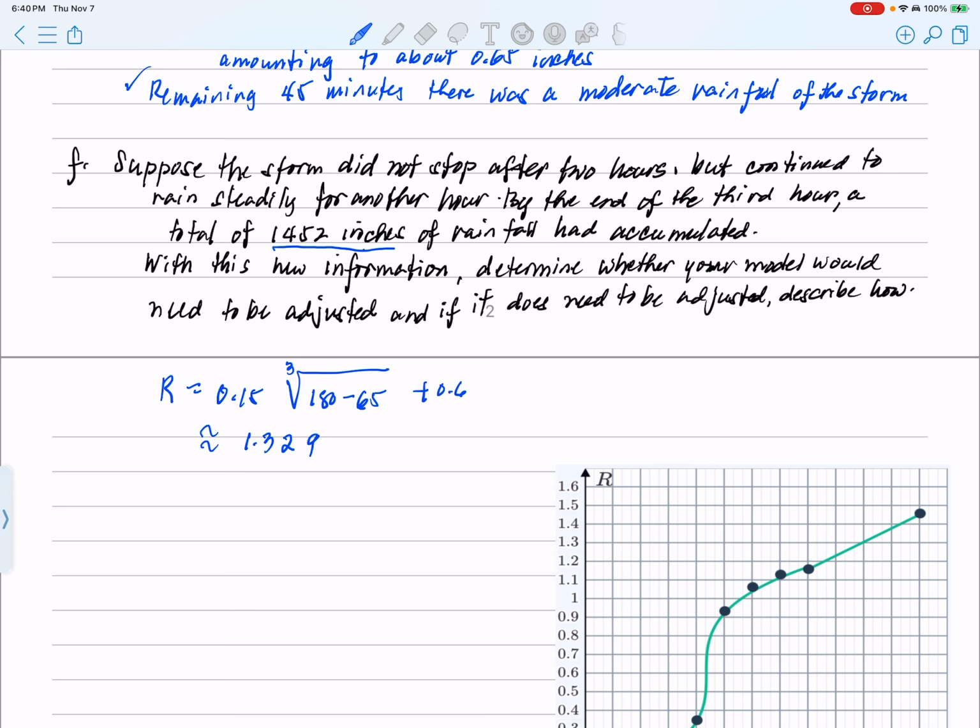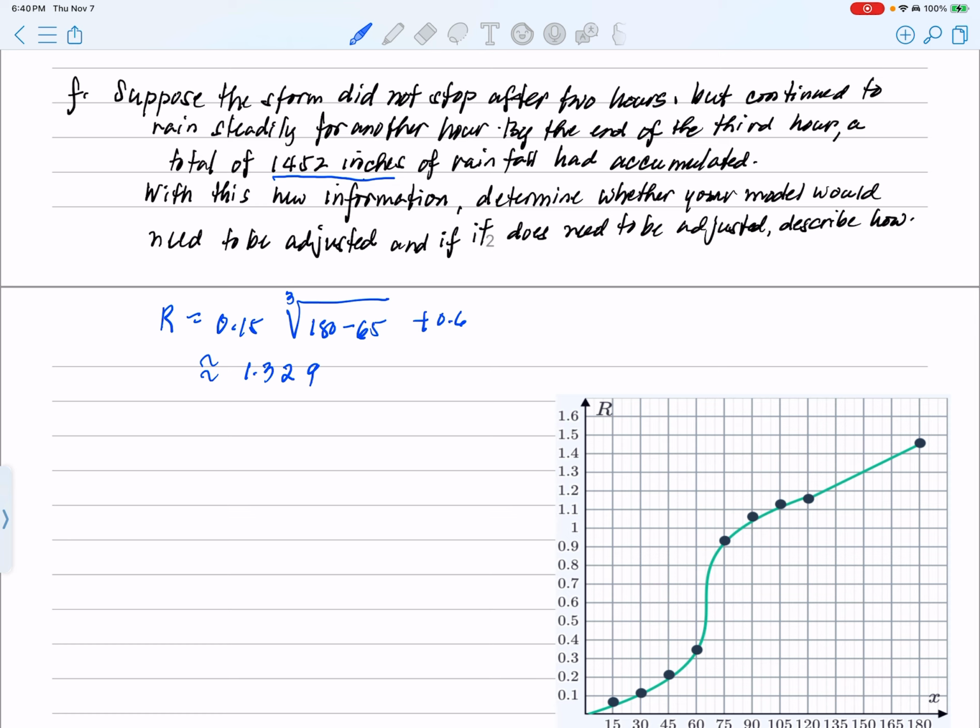Since the cube root model accurately represents the first 2 hours of the storm, we can use a piecewise function model to determine a new equation that models the third hour. So we'll use a piecewise function model. This is now up to 180 here.